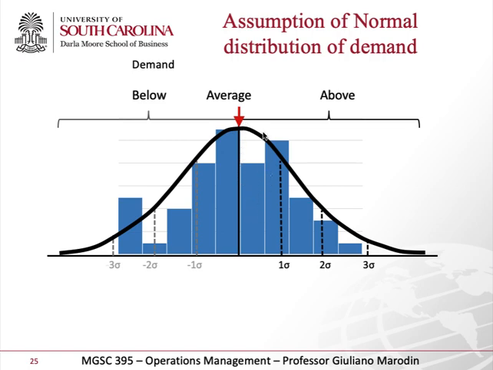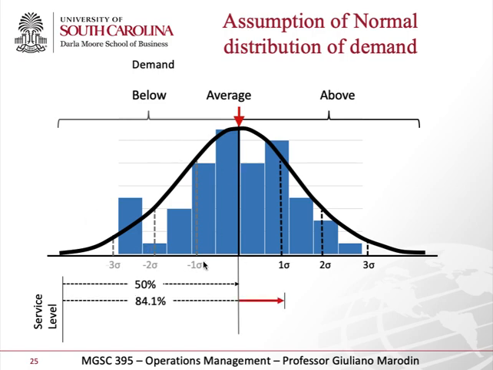I'm increasing my probability of not having a stockout when I add 1, 2, 3 standard deviations to my reorder point. So how much is that? Well, if I only use the average, I'm covered 50% of the time. My service level will be 50%. If I add 1 standard deviation, I'll be covered 84.1% of the time. That's everything here and here in my curve.